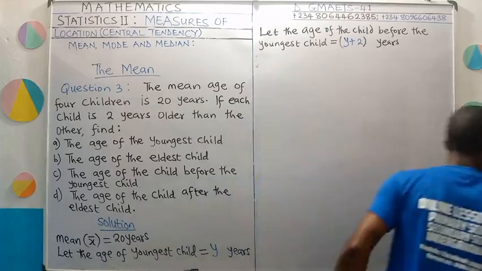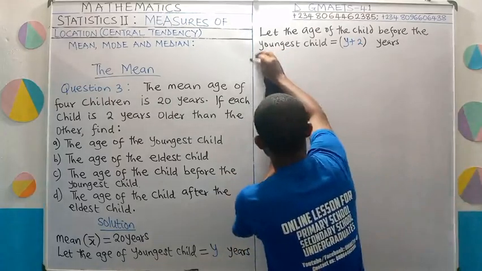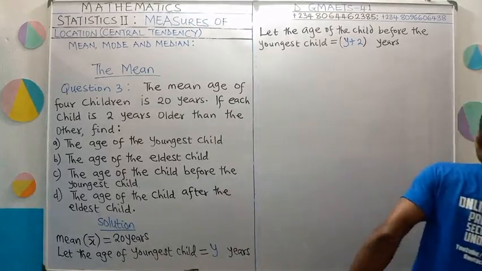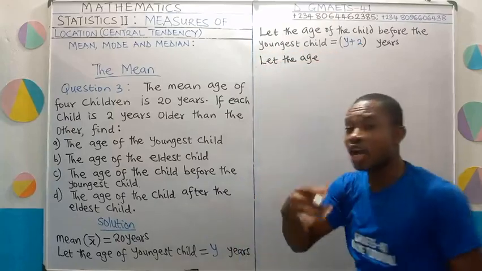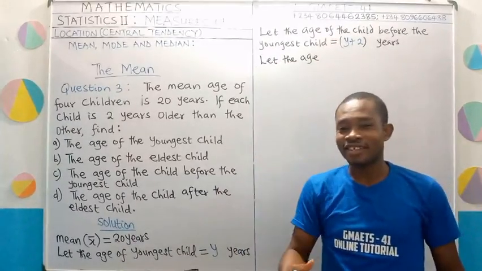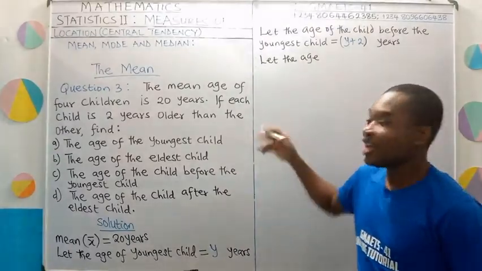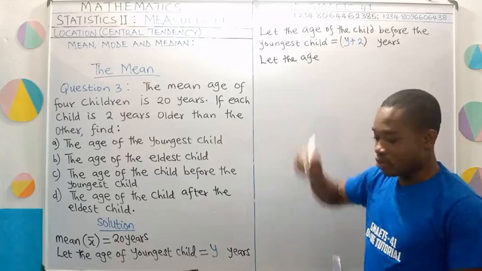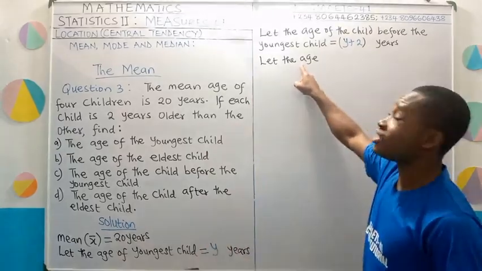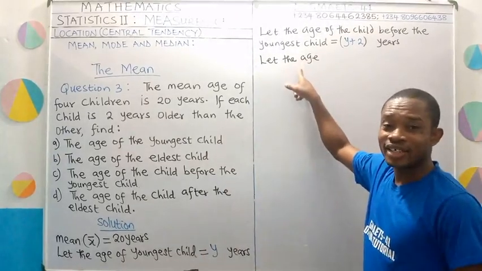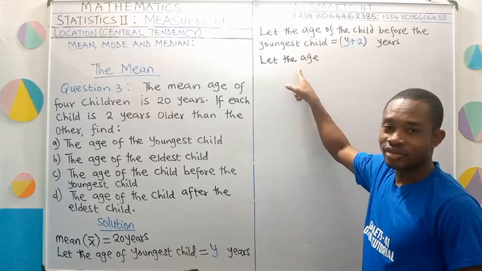Okay, so let me wipe this. I'm going to write, let the age of the child after the eldest, because that is what this child is going to be. We moved from the youngest going up, so this child is the one just younger than the eldest.